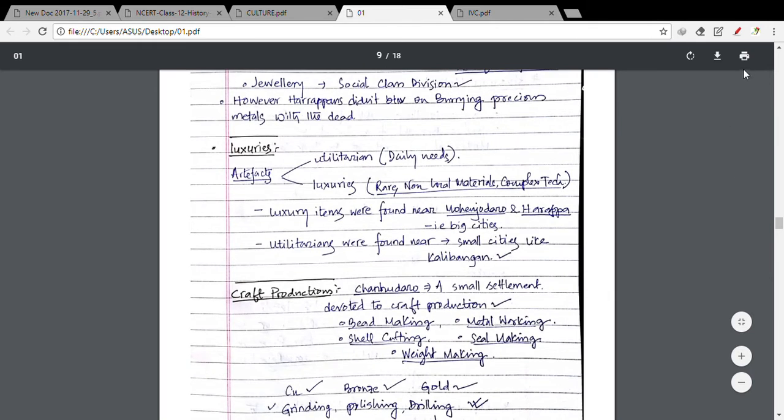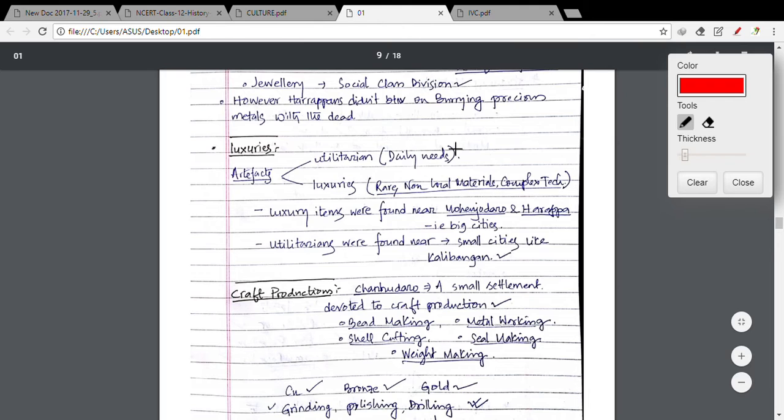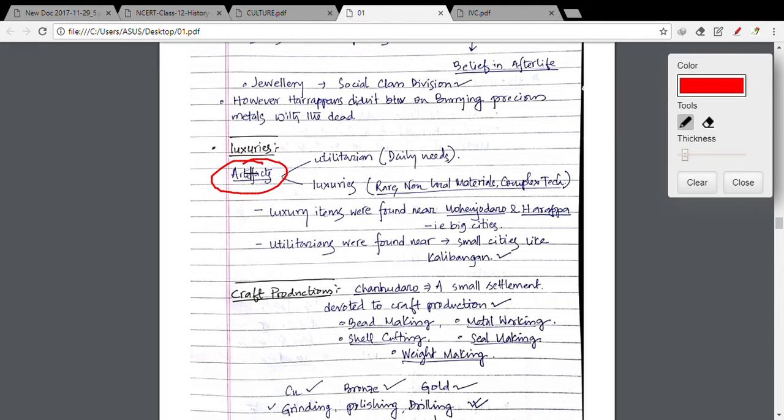Now the luxury items, so historians here played an important role. The artifacts which were found from the Harappan sites were classified into two parts. One is the utilitarian, which is very important for the daily needs, and some luxury items which are rare, which are made up of non-local materials and complex technology.